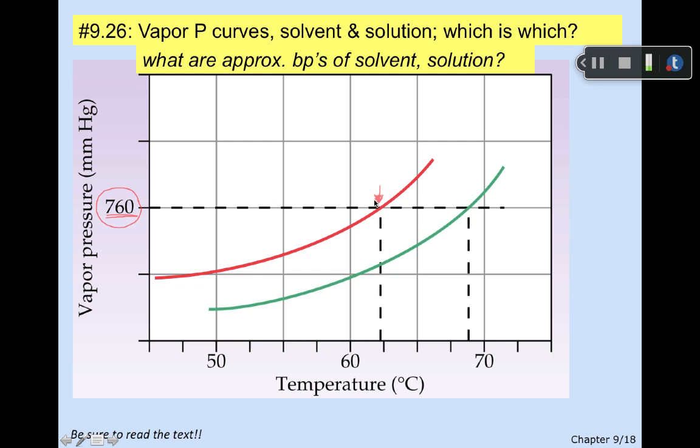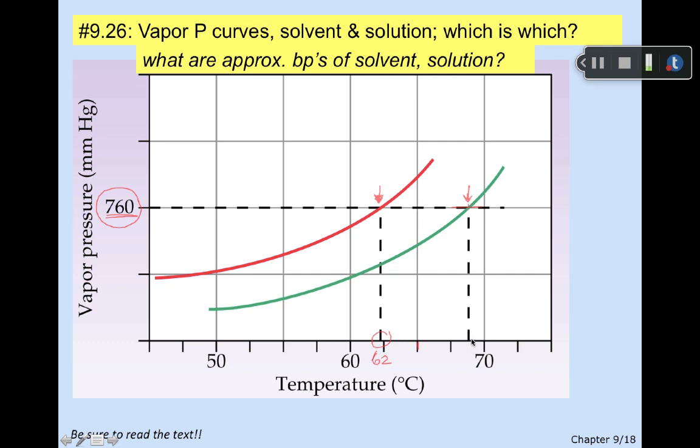So at 1 atmosphere, or 760 millimeters of mercury, the red line has a boiling point of about 64 perhaps. Wait a minute, that's not 64. That's 65 in the middle, so this must be maybe 62. And so the green line, the point at which the vapor pressure equals ordinary external pressure, would be where the green line intersects with the 760 millimeters of mercury.